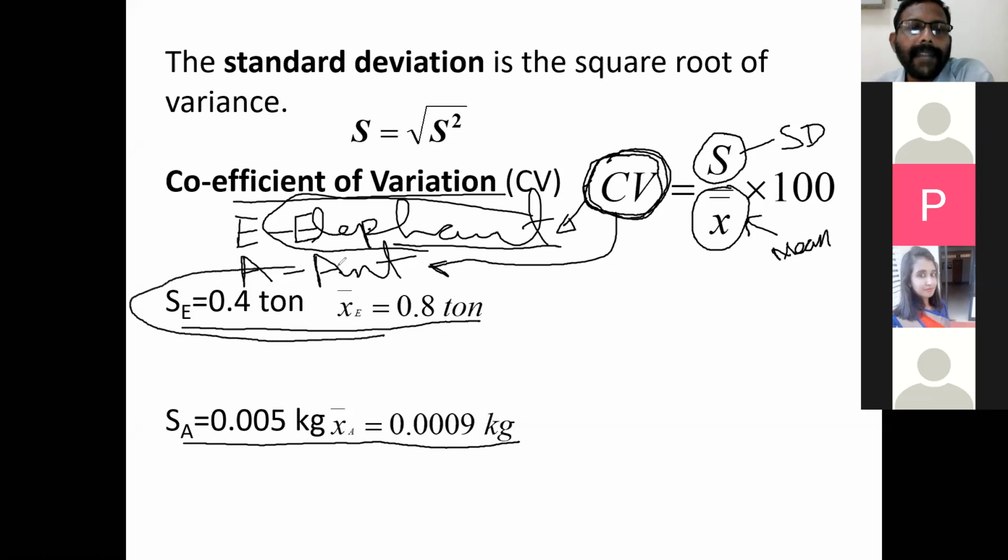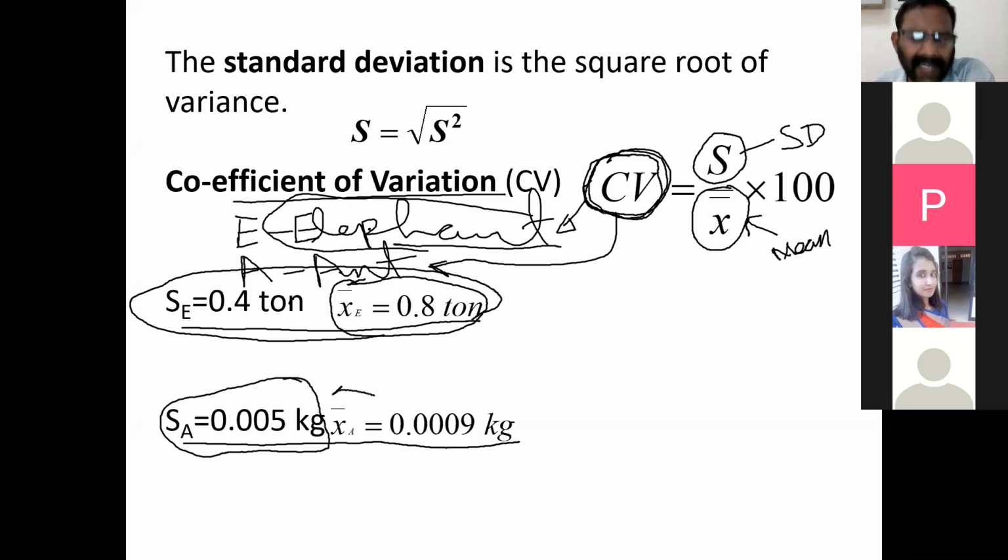Right, this is the elephant information. Their standard deviation is 0.4 ton because they have been measured. Their weight, and the mean is 8.8 ton of the elephant that has been measured. Similarly, the standard deviation of ant is 0.005 kilogram.